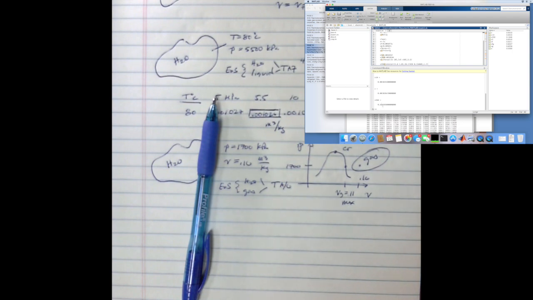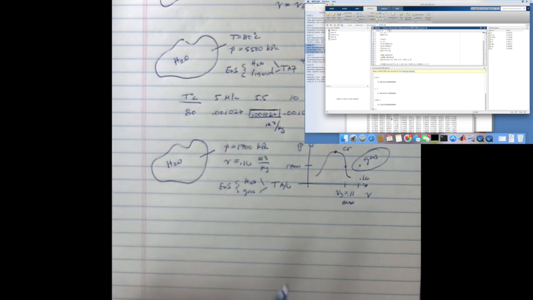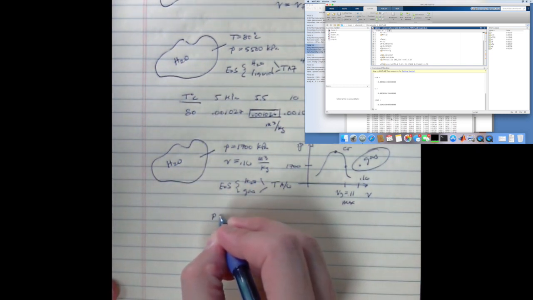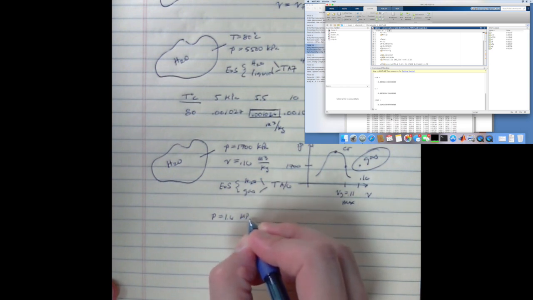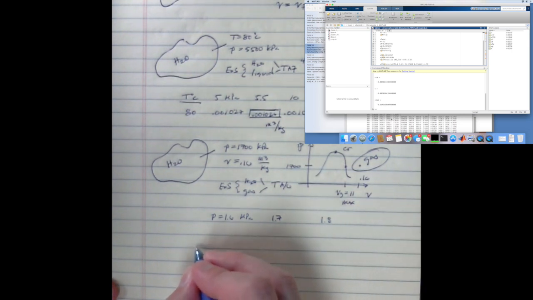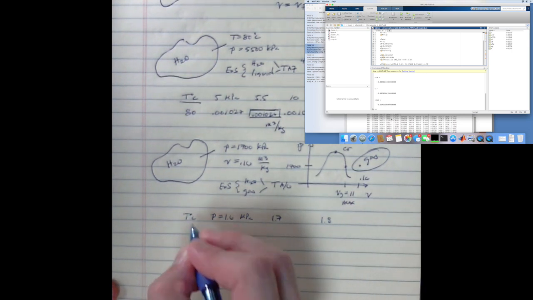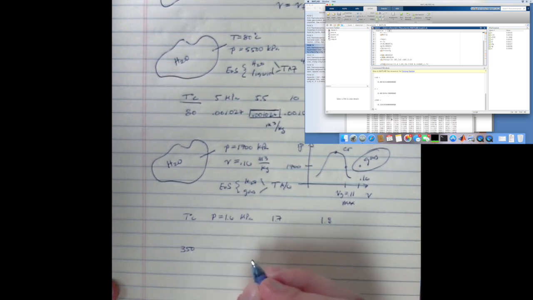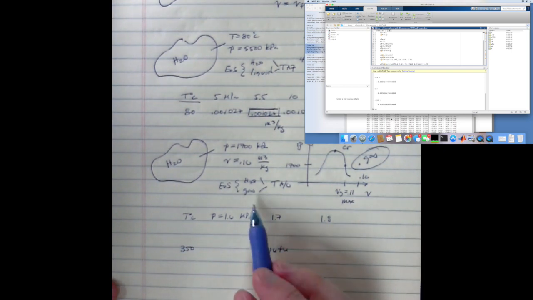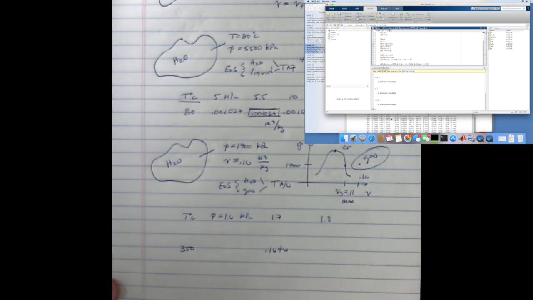So we need something smaller. Let's go ahead and draw the table now. It'll make more sense. So we have 1.6 megapascals, 1.7 that's not in the table, 1.8 that is. We just found for a temperature of 350 that our value at 1.7 here would be 0.1646, and our value that we're interested in is 1.600.